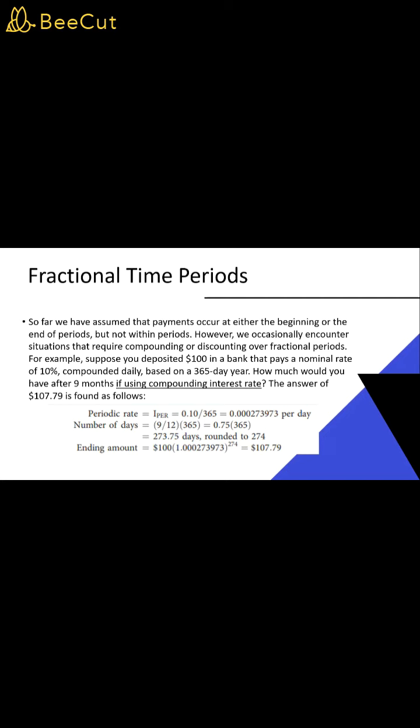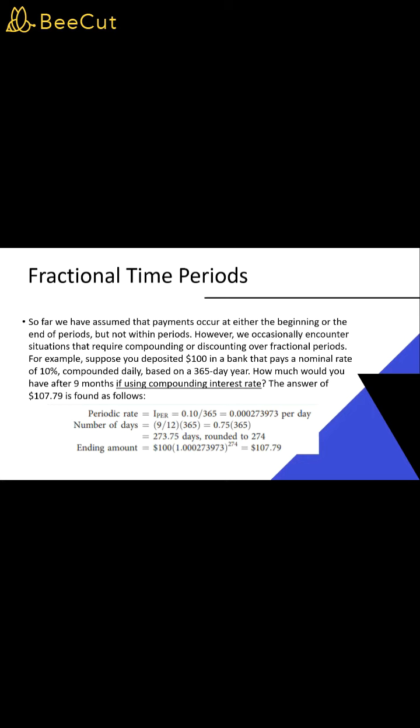We sometimes do face situations where compounding or discounting is happening over a fractional period, which basically means not at the beginning or the end, but somewhere in the middle. So let's look at how we would solve a question that involves fractional time periods.